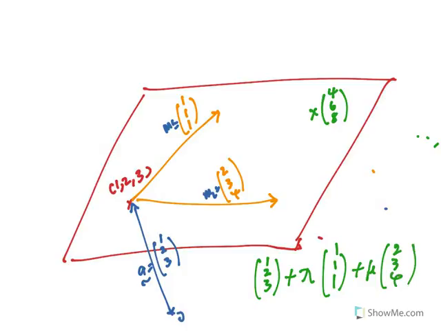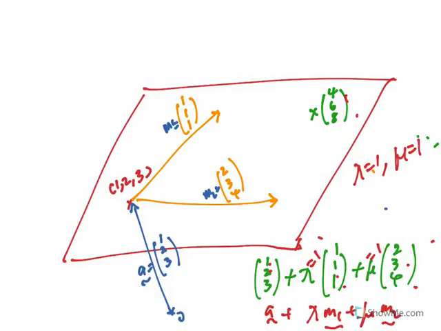This is my m1 and m2, going back to our equation: A plus lambda m1 plus mu m2. Can lambda equal 1 and mu equal 1? 1 plus 1 plus 2 is 4, 2 plus 1 plus 3 is 6, 3 plus 1 plus 4 is 8. So when lambda equals 1 and mu equals 1, you can see that (4, 6, 8) satisfies this equation. So it's on the plane P.